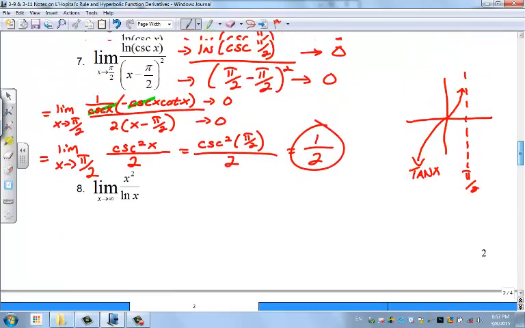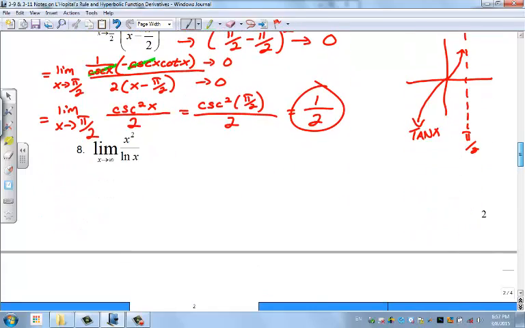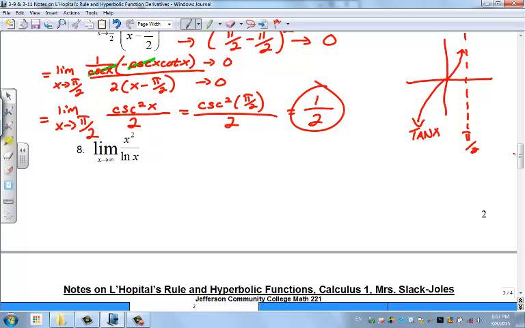And here is the last problem, and then we're going to go to the homework assignment. So we have the limit as x approaches infinity of x squared over natural log of x. Well, x squared approaches infinity as x approaches infinity. Natural log of x approaches infinity as x approaches infinity. Whenever you have infinity over infinity, you're going to go ahead and use L'Hopital's.